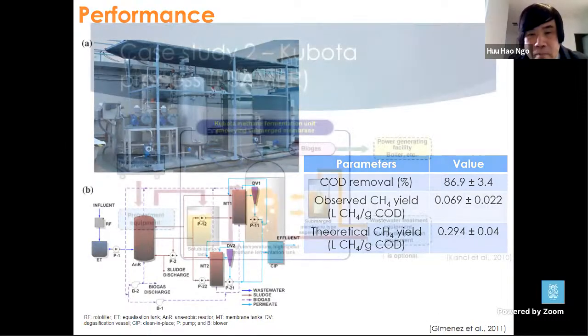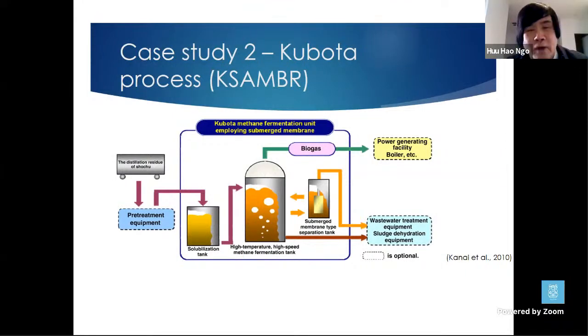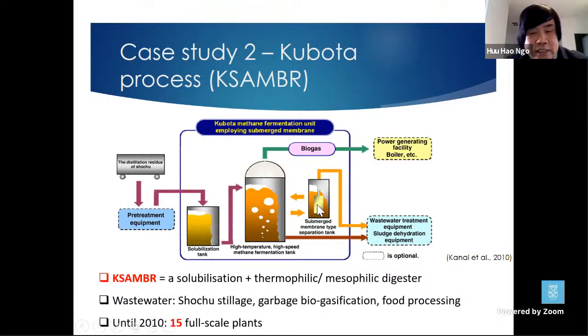Now we go to case study 2, the Kubota process. This one is a completely different story. This one is really, really successful for anaerobic MBR. They have solubilization, and then a thermophilic and mesophilic digester, whatever they have.